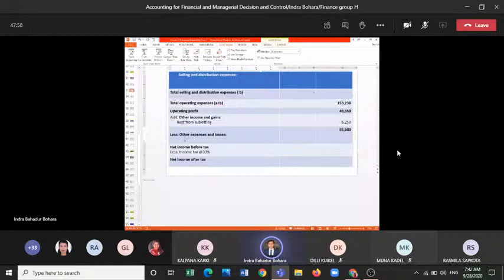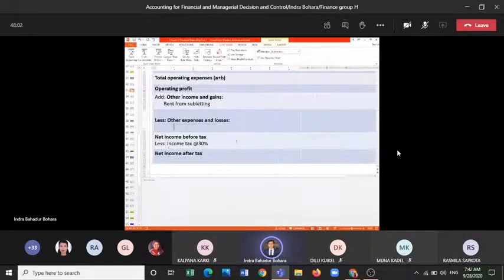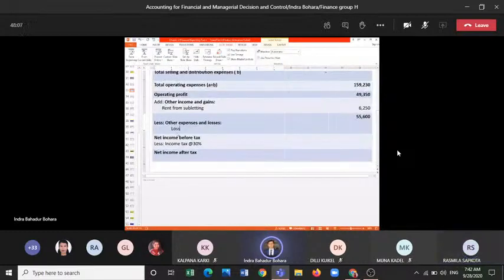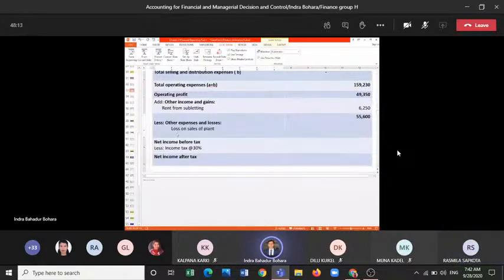So all of you write down loss on sale of plant. Another is interest expenses. Okay, write down their amount in that detail column.